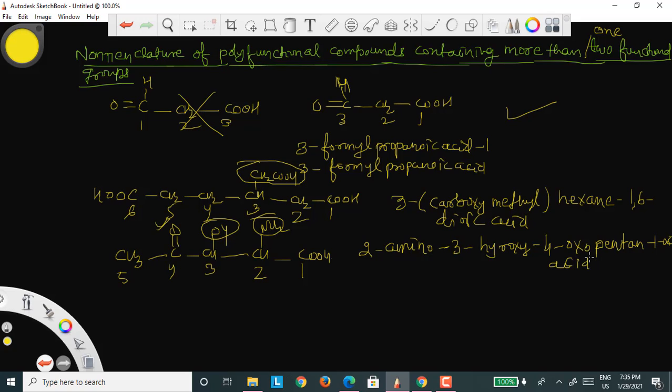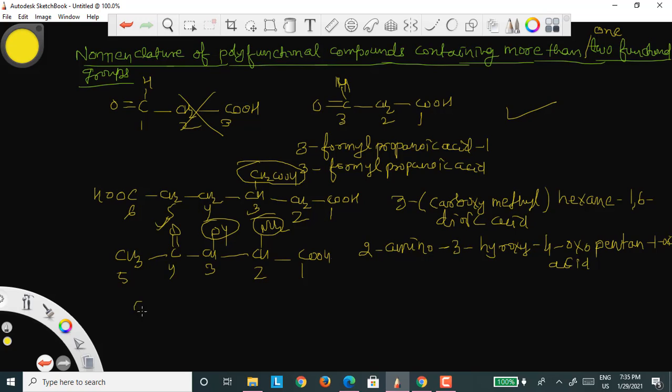Now suppose we are taking alkene and alkyne. In the case of alkene and alkyne, the order of priority is what? First alkene will come, then alkyne will come. Now let us take one example like that.